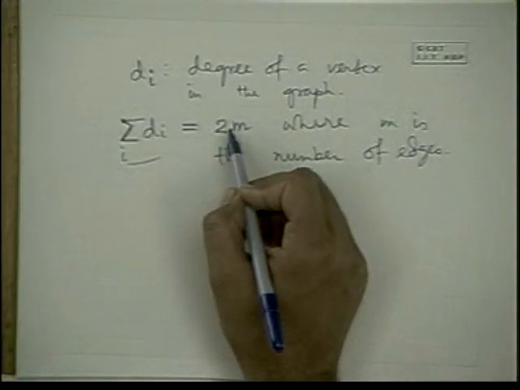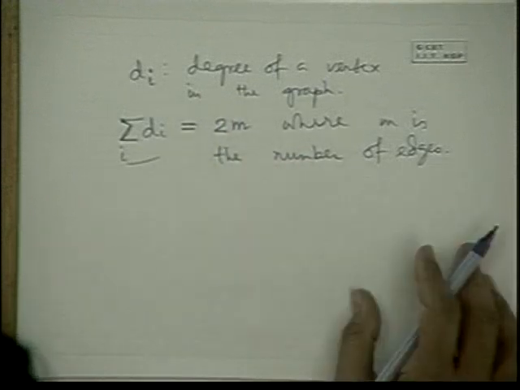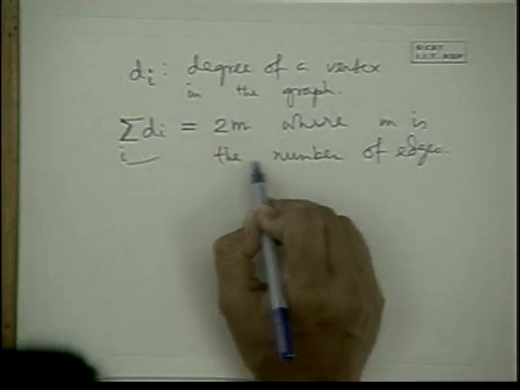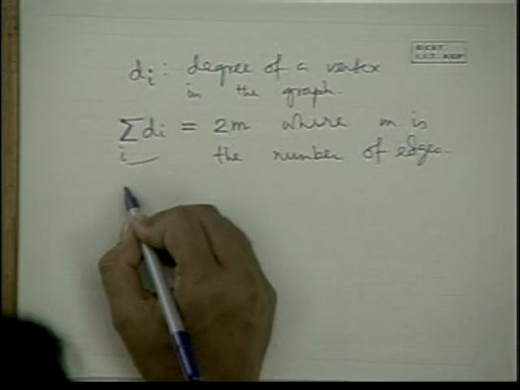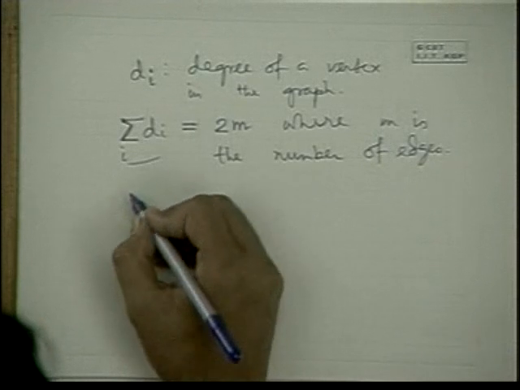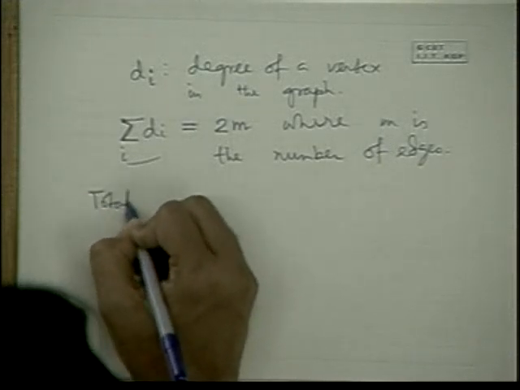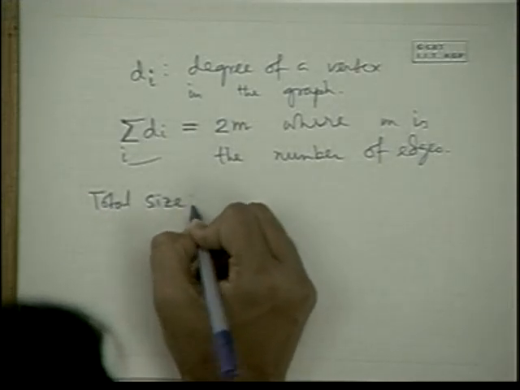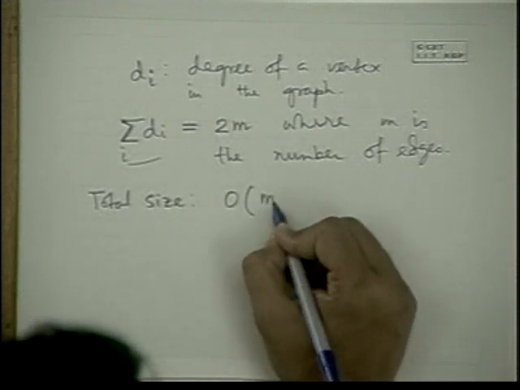Now you can look at this count as if each edge is contributing 2 vertices, that is the 2 endpoints of it, to this count. So each edge is contributing a count of 2. That's why this must be equal to 2m. So this is the sum of the degrees, and this must be equal to the sum of all the linked lists represented in the adjacency list structure. So the total size now becomes order m plus n.